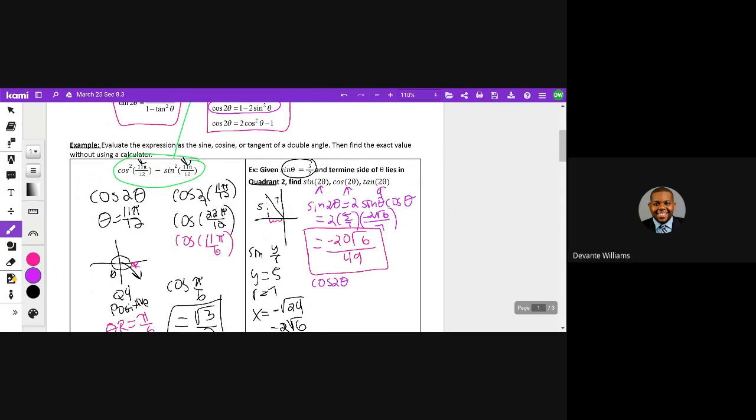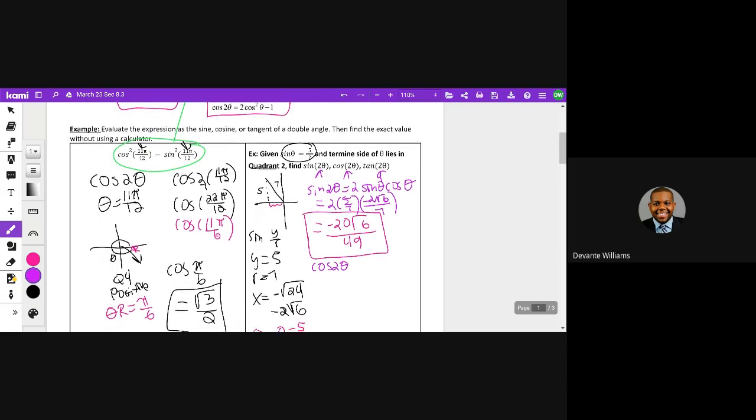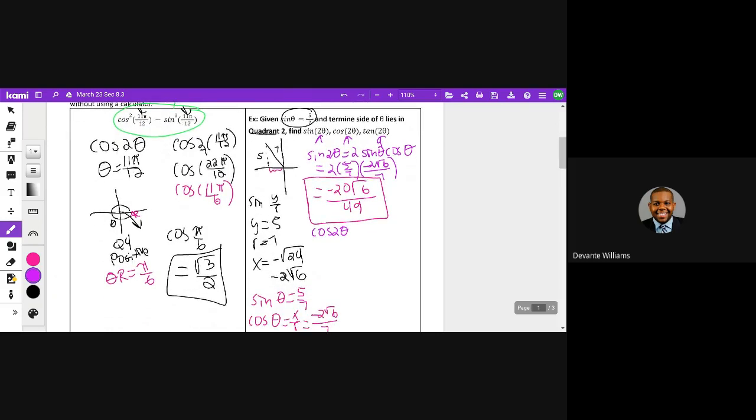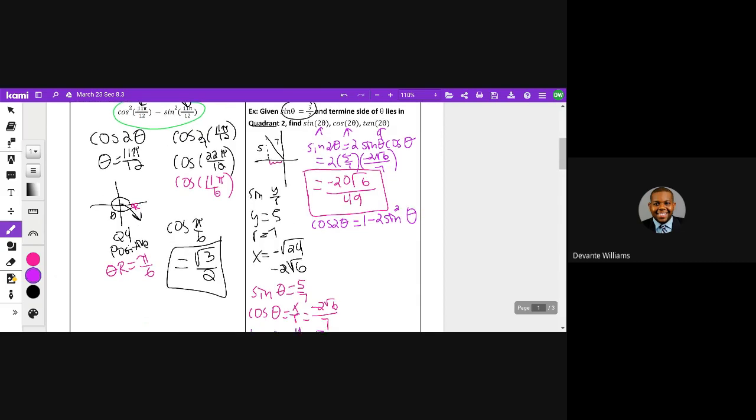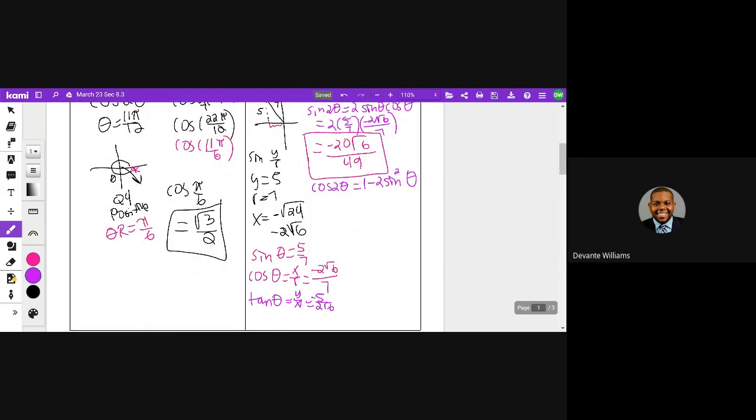So now we're going to write our formula here. We have the cosine of 2 theta equals 1 minus 2 sine squared of theta, which equals 1 minus 2 times the sine, which is 5/7, squared.